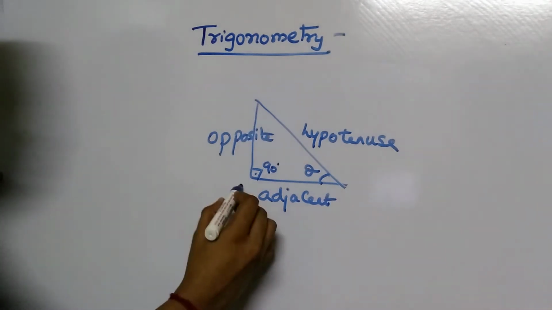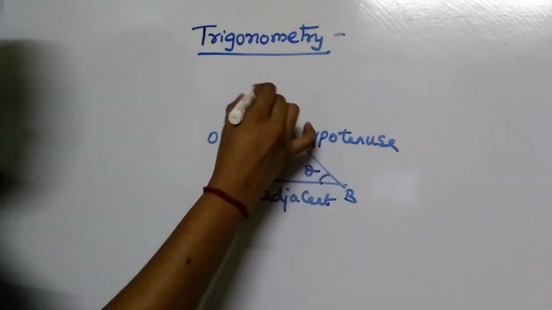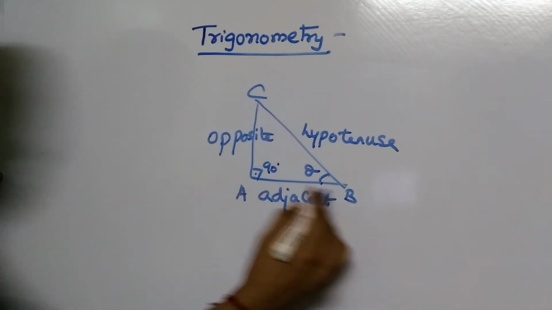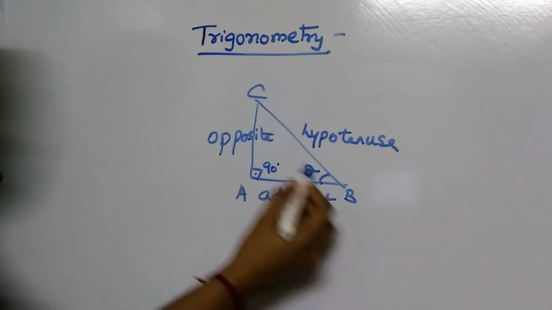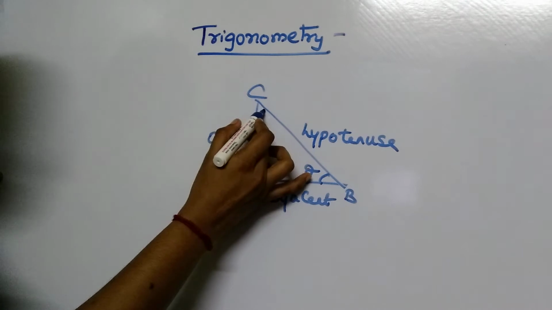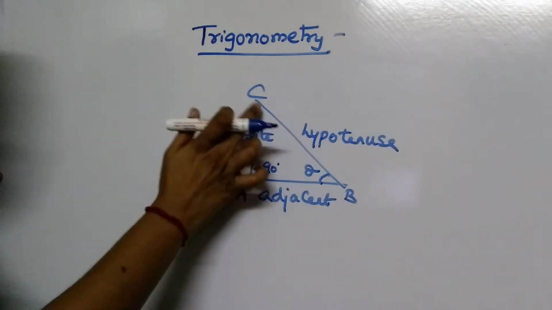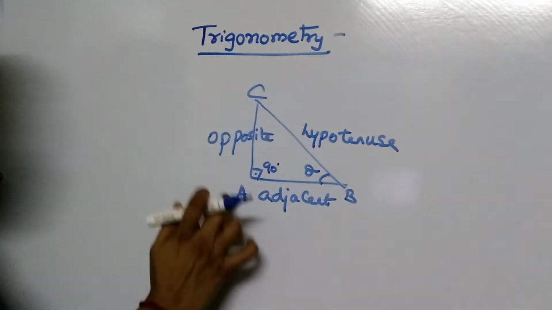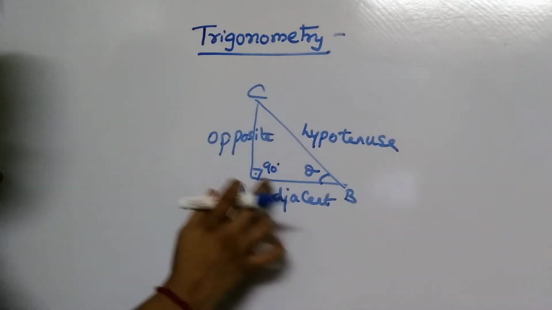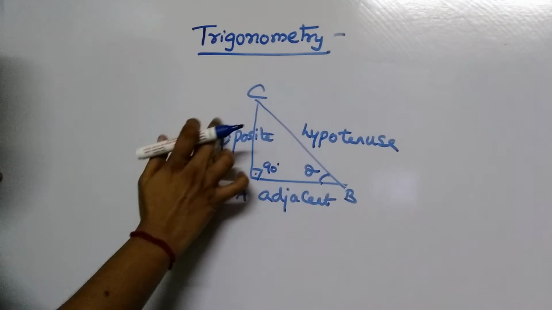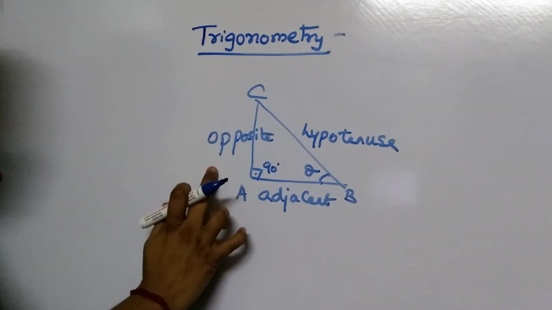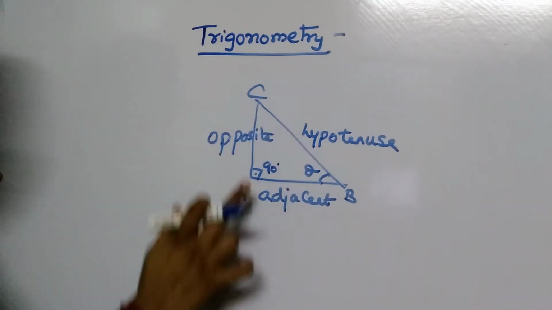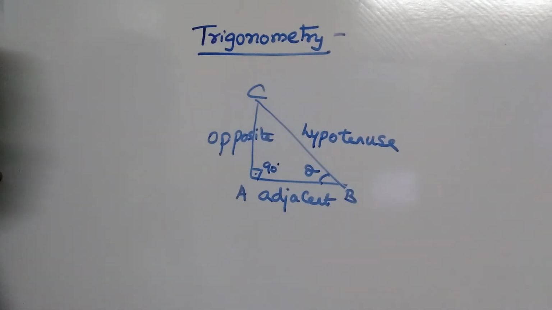In triangle ABC, if theta lies in angle C, then the opposite side will be AB and AC will be adjacent. Now here theta lies in angle B. So opposite to it, AC is your opposite side, BC is your hypotenuse side, and AB is your adjacent side.